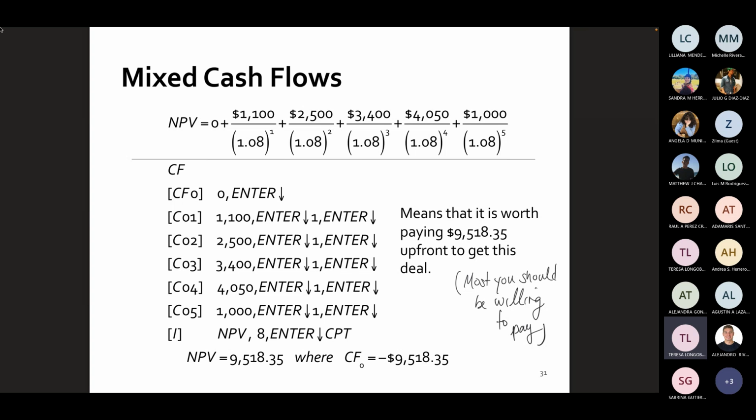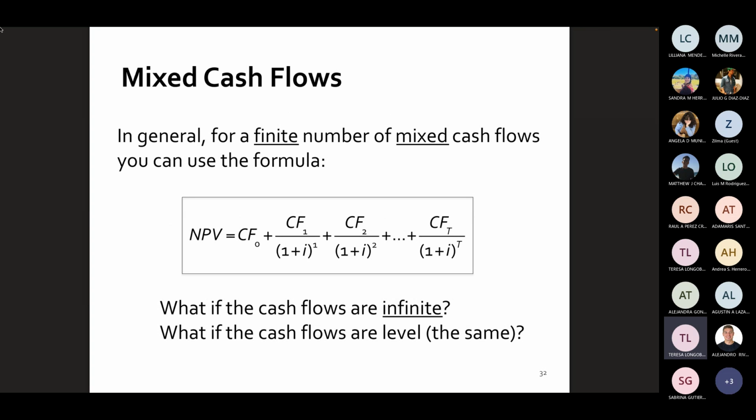So this is the general formula for mixed cash flows. Notice I still use the CF0. This is a negative, I'm going to say it again, because it's investment, right? And then we have the different cash flows over time.